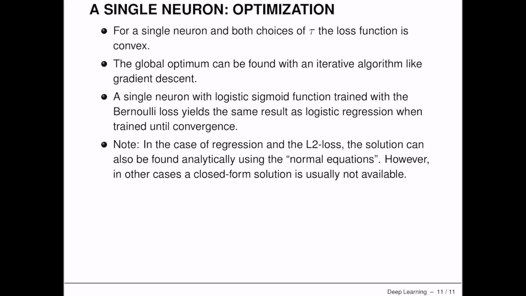For a single neuron and both choices of activation function we discussed, the resulting function is convex. That means that we can find a global optimum, for example, by iterative algorithms like gradient descent. If you don't know about gradient descent yet, don't worry, because we will learn about it in the lecture.